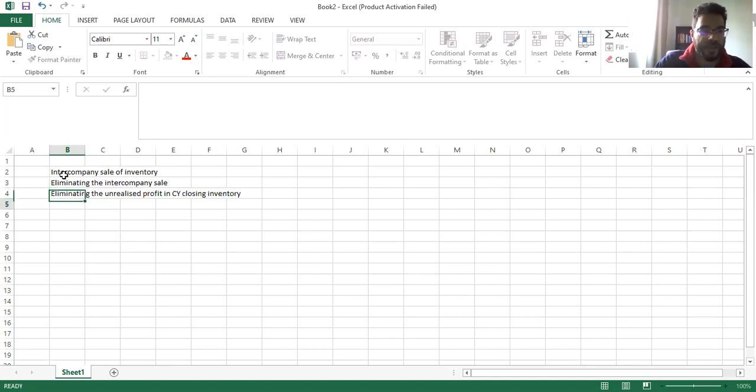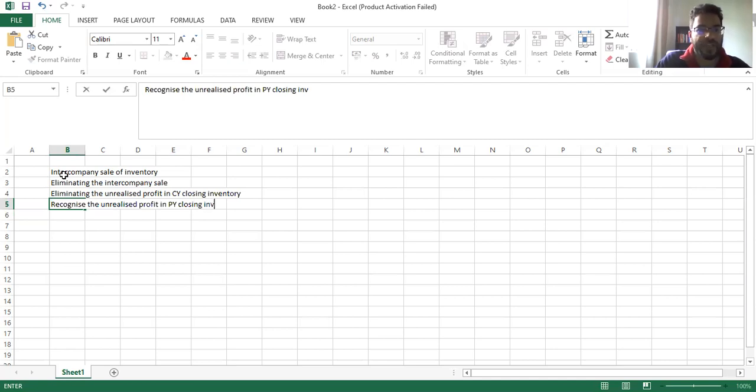And then what we will have to do is recognize the unrealized profit in prior year closing inventory.